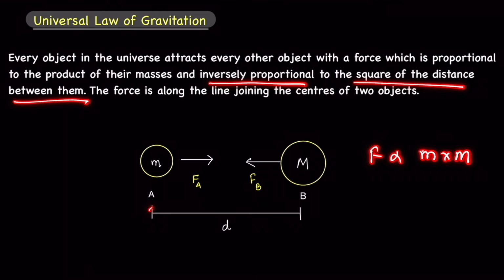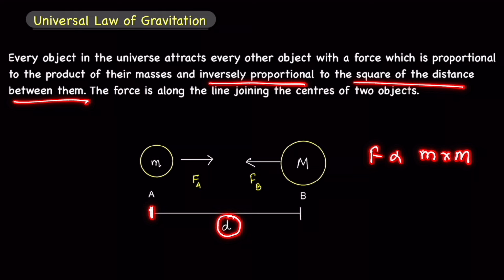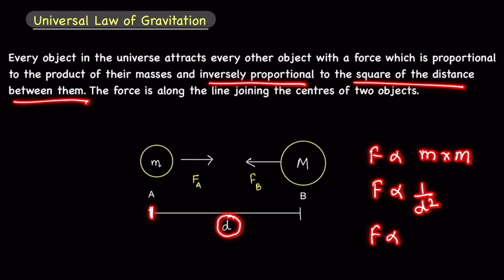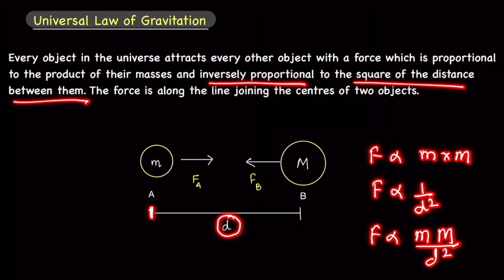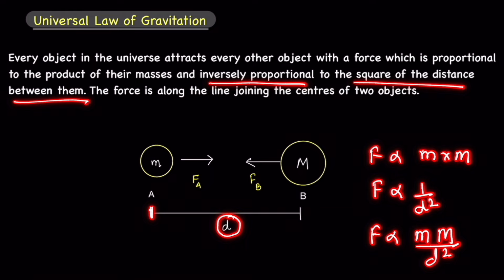If the distance between the two masses is small d, F is proportional to the product of the masses and F is inversely proportional to the square of the distance between them. If we combine it, F is proportional to small m capital M by d square. This is how we can derive the universal law of gravitation.